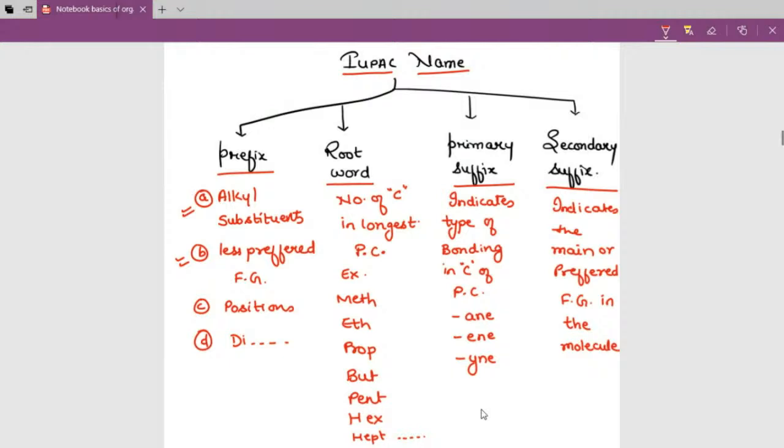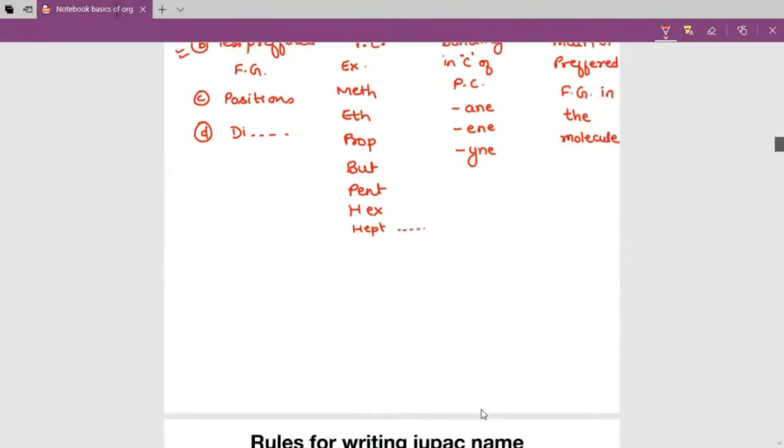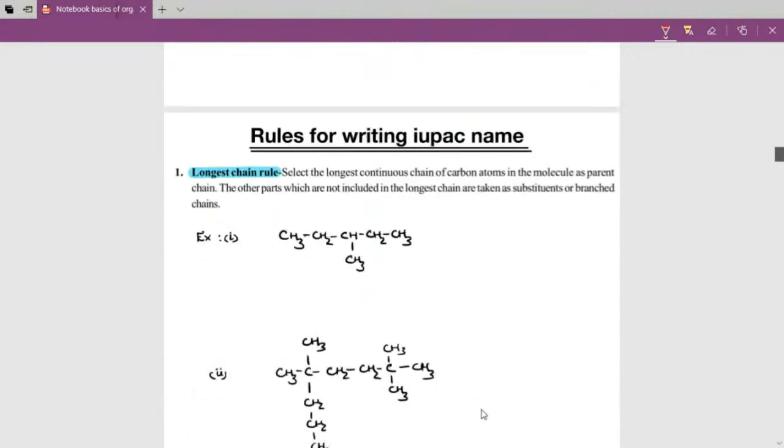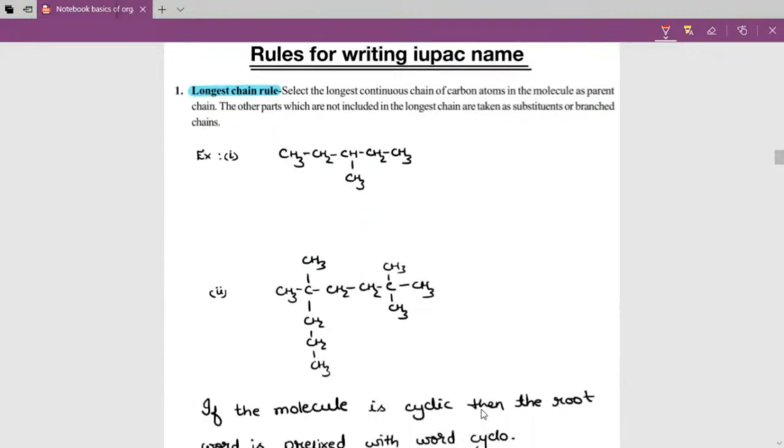So let's start with the rules that we need to follow while assigning the IUPAC name. Rules for writing IUPAC name. First, you have to count the longest carbon chain. For that, you have to count the continuous carbon chain in all possible directions in the molecule.